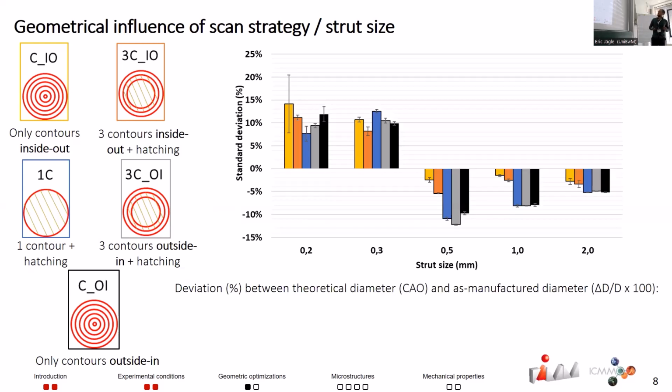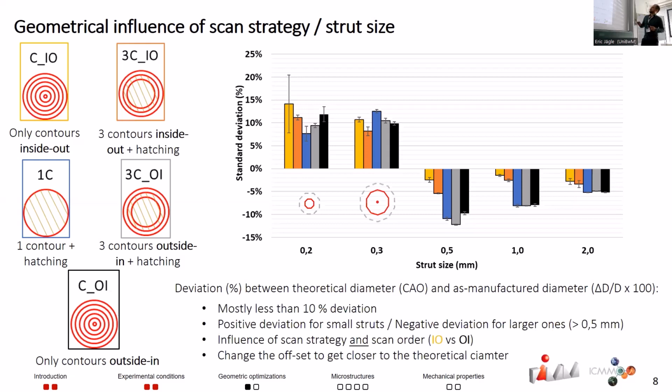As you can see here, you have the deviation between the theoretical diameter and the as-manufactured diameter. And you can see that all the strategies with inside-out contours have a diameter that is closer to the theoretical diameter. I also want to show that there's mostly less than 10% of deviation.